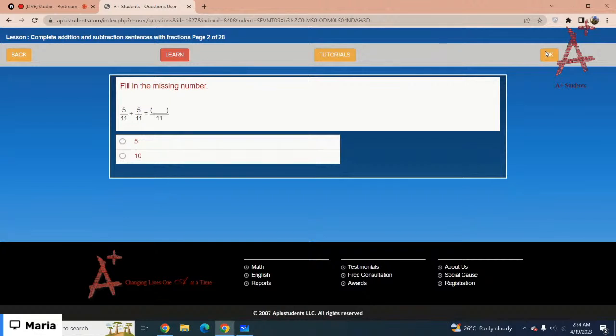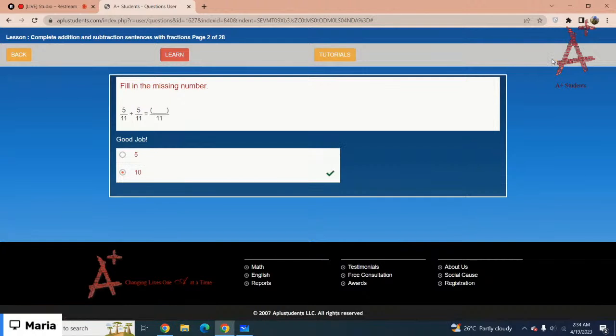Yes, 5 plus 5 makes 10. So it would be 10 over 11. Got it?